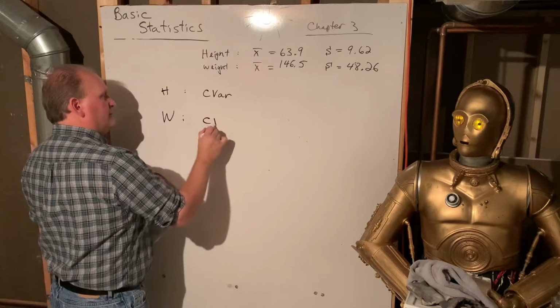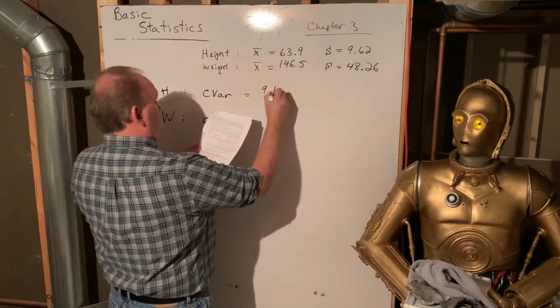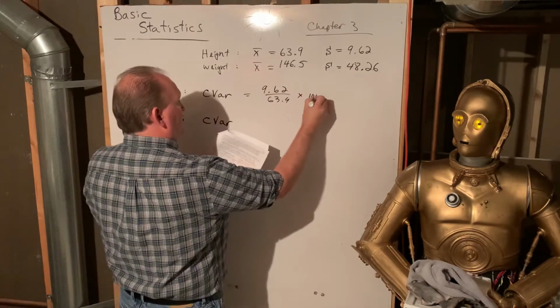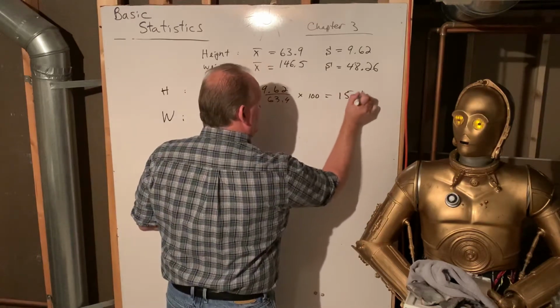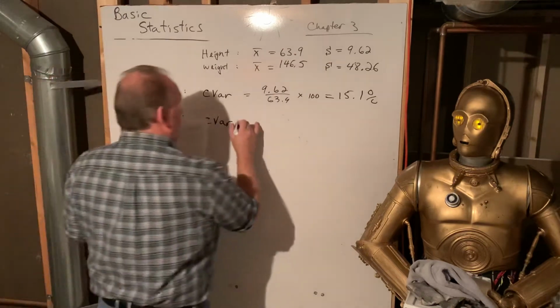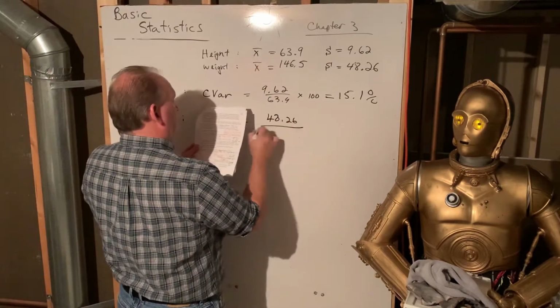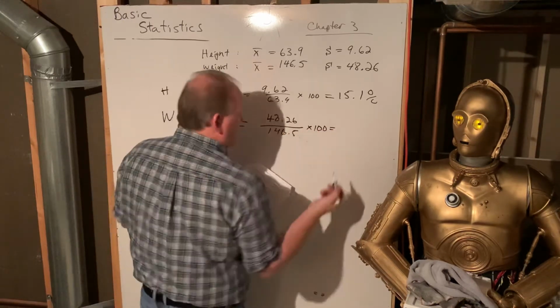And so now, if we look at the C-bar, the coefficient of variation for height, for weight, that would be 9.62 divided by 63.9 times 100 to make it into a percent. And so we're looking at 15.1% for height. And then for weight, we've got 48.26 divided by 146.5 times 100 to make it into a percent.